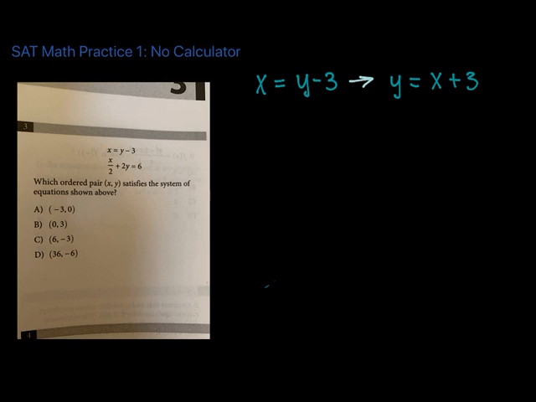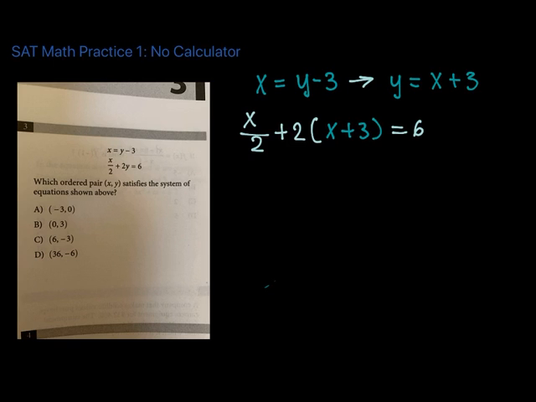Next, with y equals x plus 3, I'm going to plug that into the second equation. So we have x over 2 plus 2, and here we plug in our y, which is x plus 3, equals 6. So now we have to simplify.